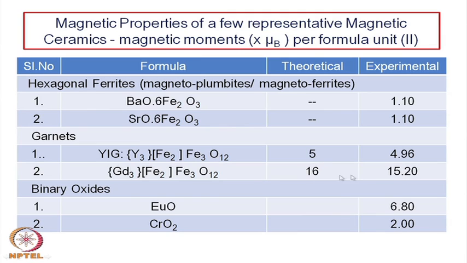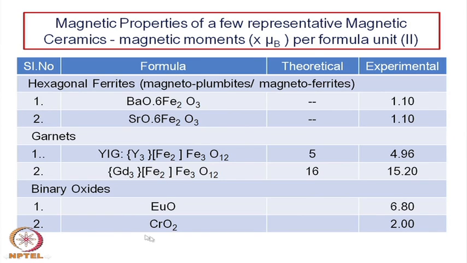So, it is about 16, and actually one gets 15.2. So, the correlation between the theoretical value and the experimental value is very nice. So, these are three different types of ferrites.